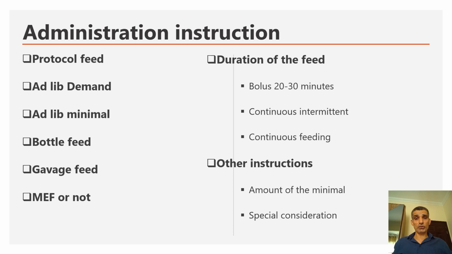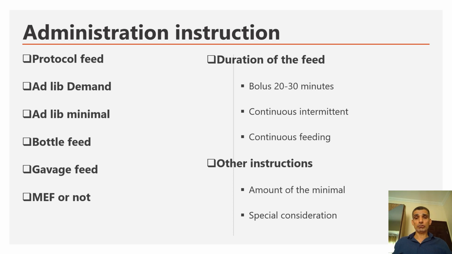And for some reasons that we've discussed, you need to avoid the complication of feeding. Or you may want to give it over more than 30 minutes, continuous but interrupted. So it can be 45 minutes every 2 hours, or 45 minutes every 3 hours, or 60 minutes every 2 hours, or 60 minutes every 3 hours, or 90 minutes, or 120 minutes.